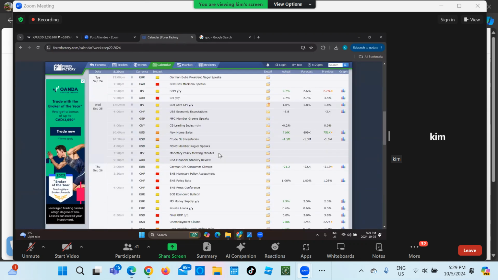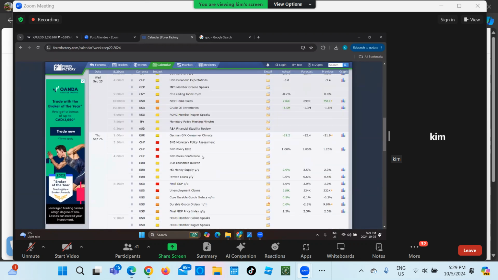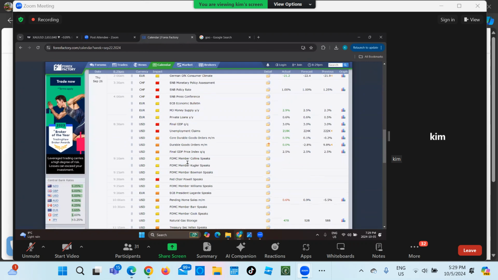There were 3 folders, and Federal Chair Powell also spoke last Friday.